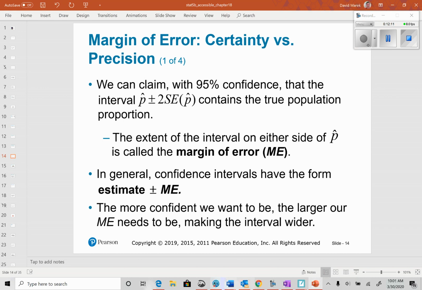Here's one of the strange parts of this: the more confident we want to be, the larger the margin of error needs to be. So we get a wider interval.